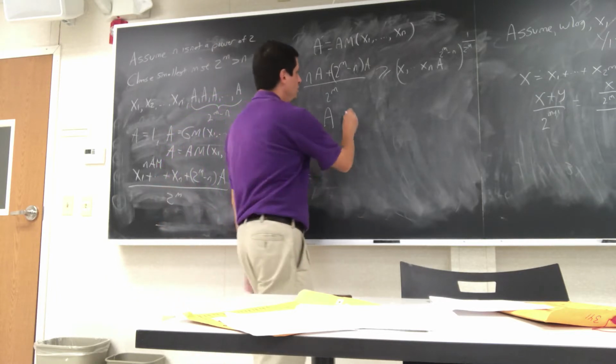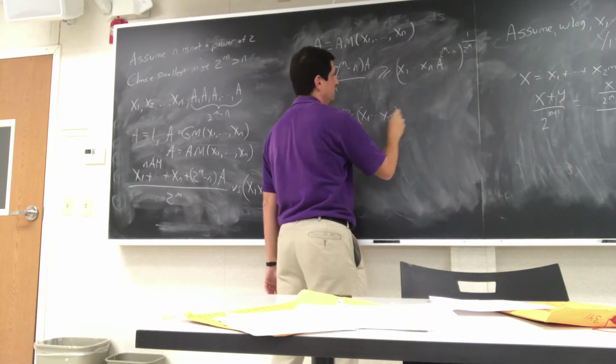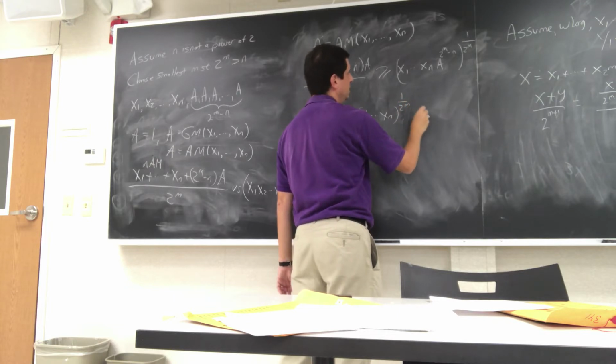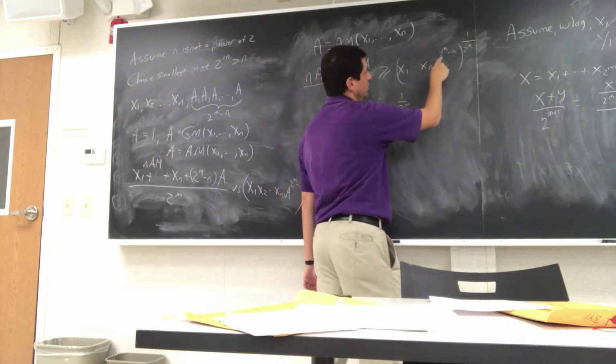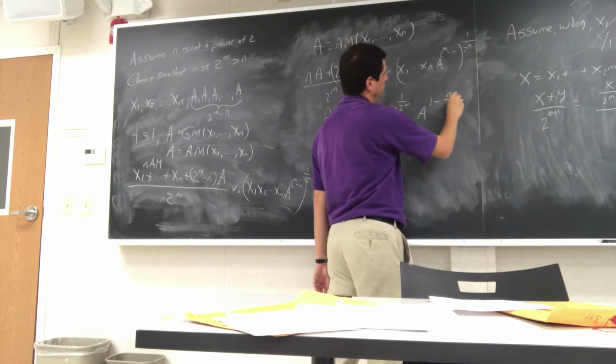So now we have a greater than or equal to x1 through xn to the 1 over 2 to the m. And now we'll have a to the 2 to the m minus n over 2 to the m, so it's going to be 1 minus n over 2 to the m.